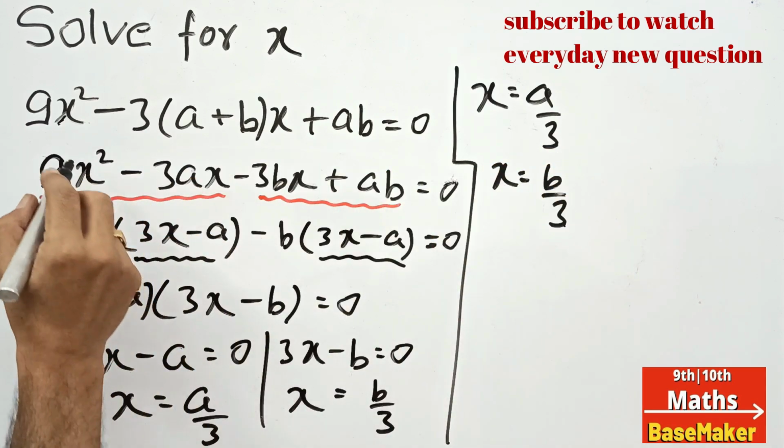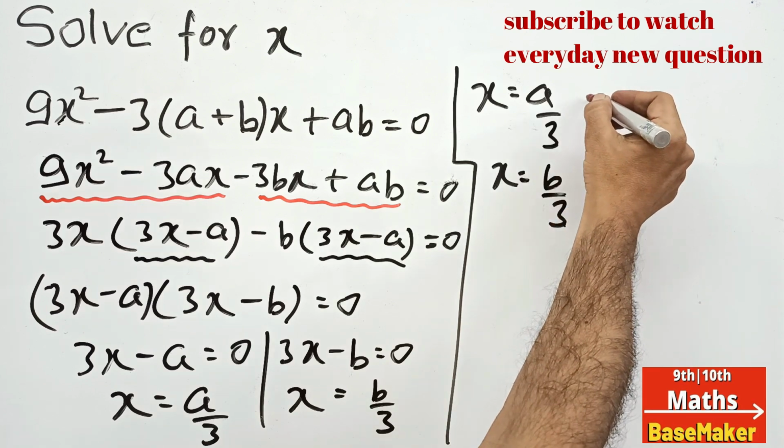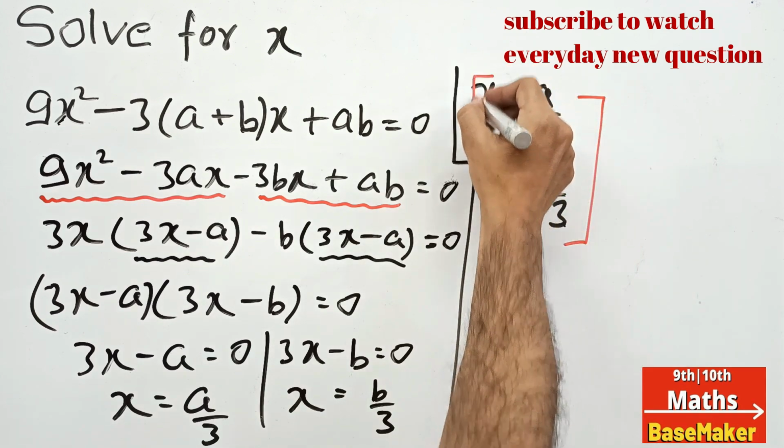Since it is a quadratic equation, x to the power 2, there are two solutions: x is equal to a by 3 and x is equal to b by 3. So this is the answer.